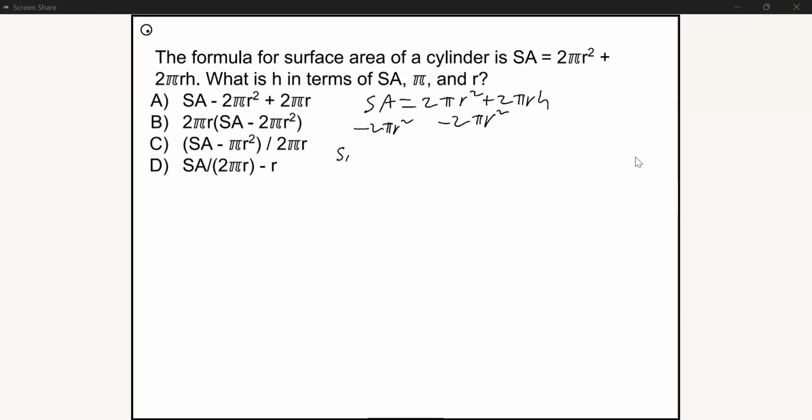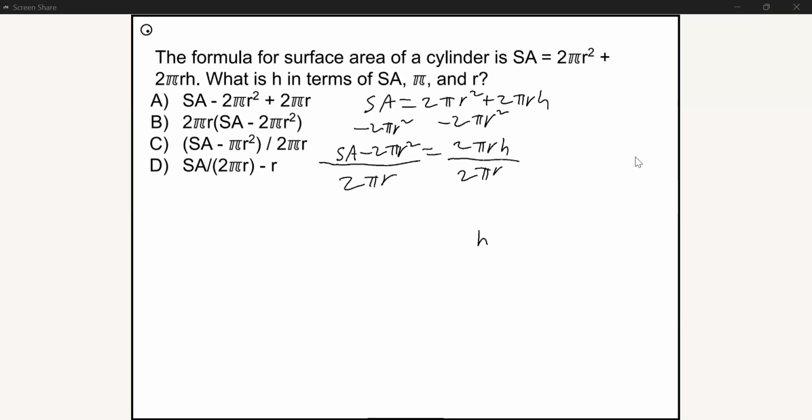We'll get surface area minus 2 pi r squared equals 2 pi r h. And now we want to divide by 2 pi r. Divide by 2 pi r.